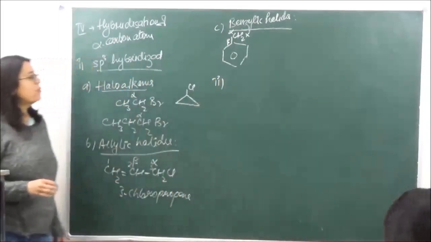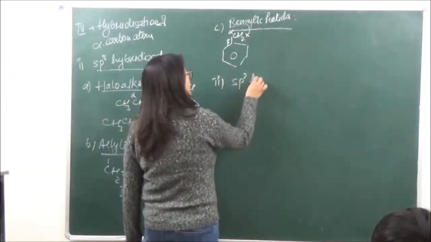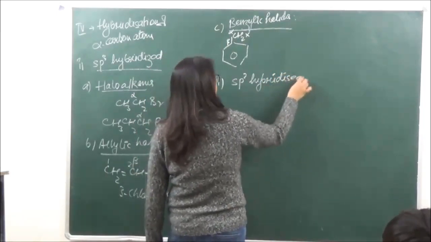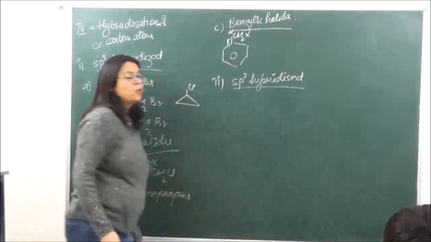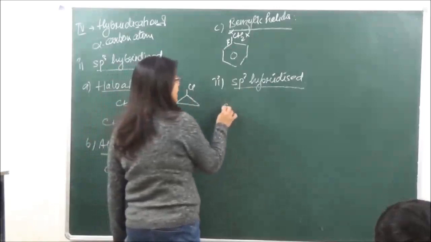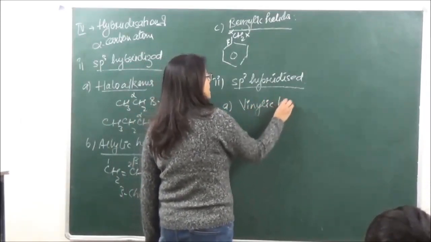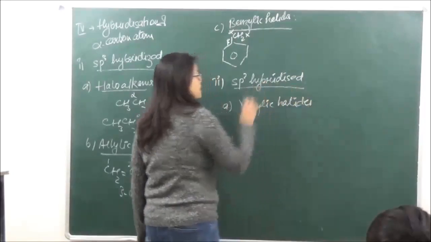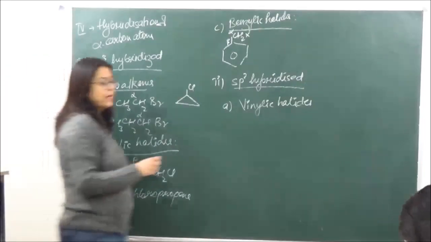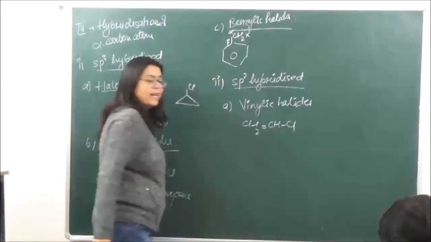फिर उसके बाद the second classification or the second type of haloalkanes which we have over here, in which the alpha carbon atom is going to be sp2 hybridized. The first example in this case is that of vinylic halides. Over here the alpha carbon atom is sp2 hybridized. The example which we can take is CH2 double bond CHCl.